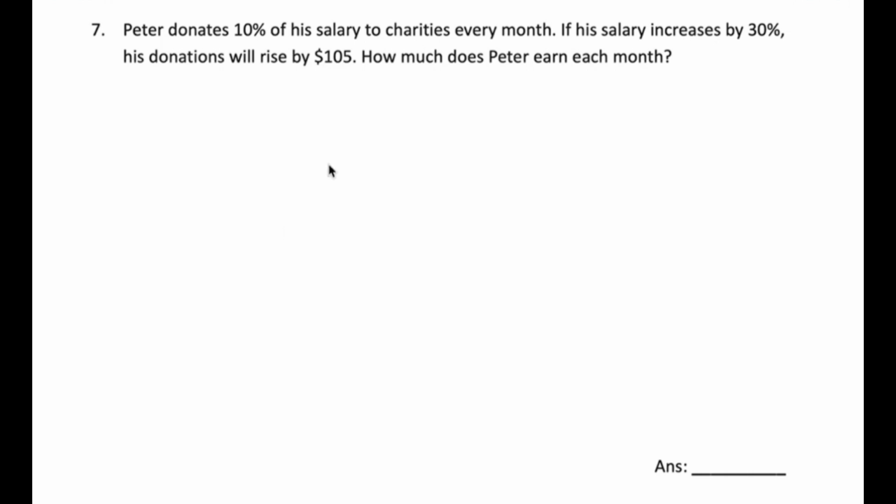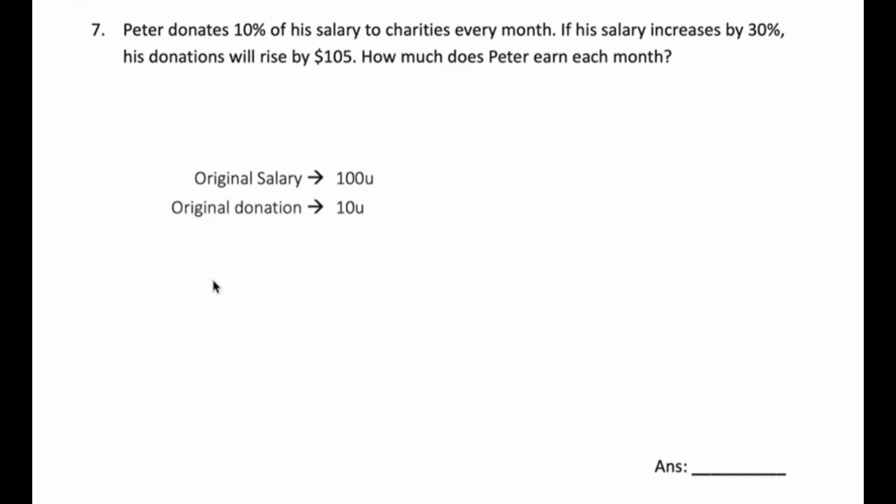So the method to approach this kind of question is, instead of using the percentage sign, you say the original salary is 100 units. And 10% to charities means 10 units. Now the new salary will be, what's the new salary? How many units?